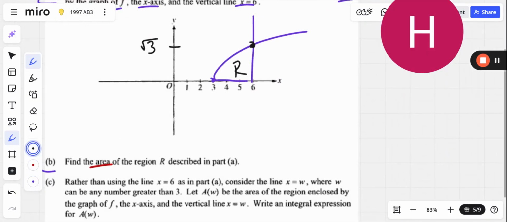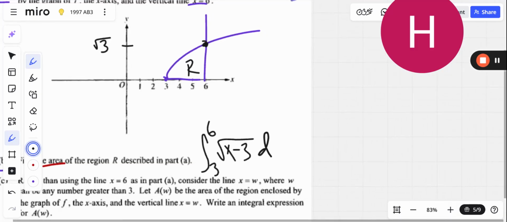So let's find the area of the region. I think the most logical way to do this is to just use dx integration. So we basically have some like very thin strips, and we're adding up these strips from 3 to 6, and the function is the square root of x minus 3, dx.